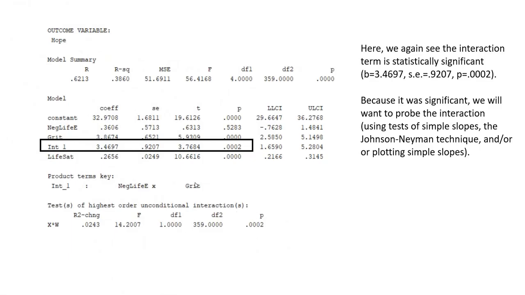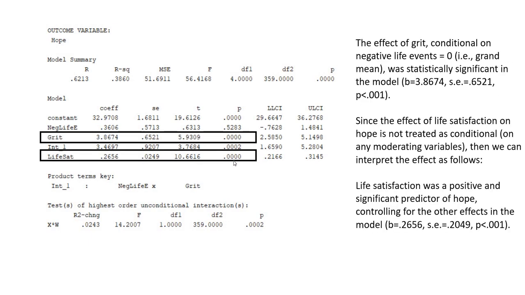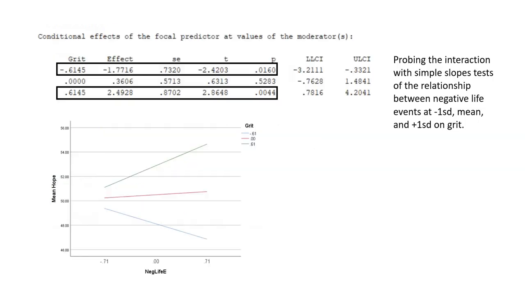So again, going back to our slideshow, we see that the interaction term was statistically significant, as was life satisfaction. And then also the conditional effect of grit at the grand mean of negative life events was statistically significant.